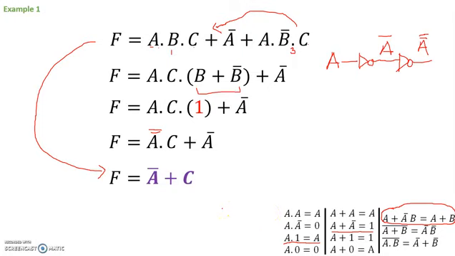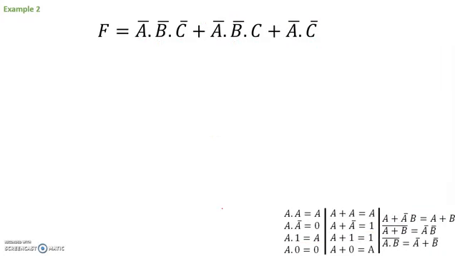Okay. All right, let's do two more examples. So in our second example, we have F is not A ended with not B ended with not C, or not A not B C, or not A not C. Now what should we do first? Here, it's fairly obvious that the first and the second term have a lot of things in common.